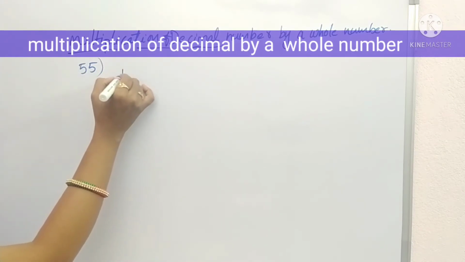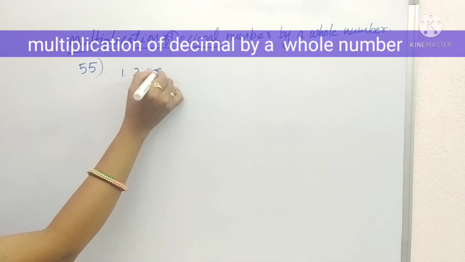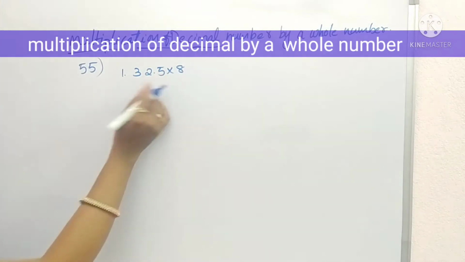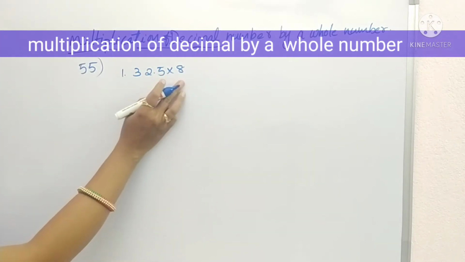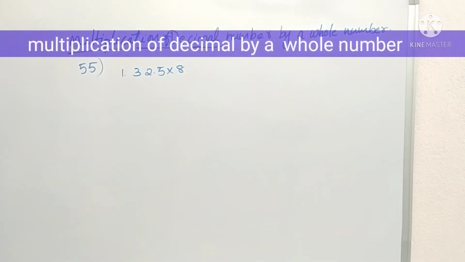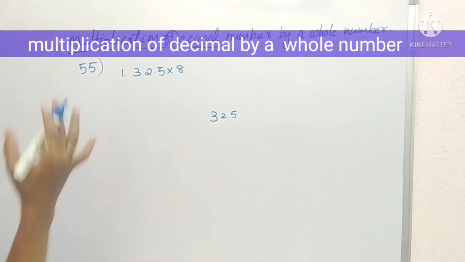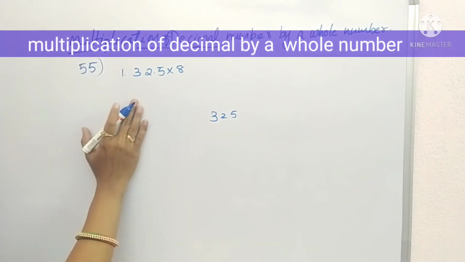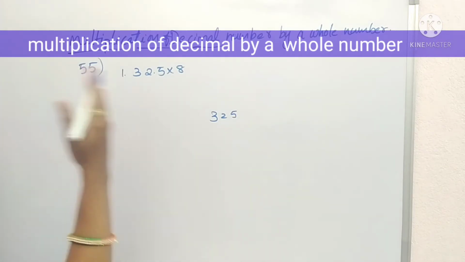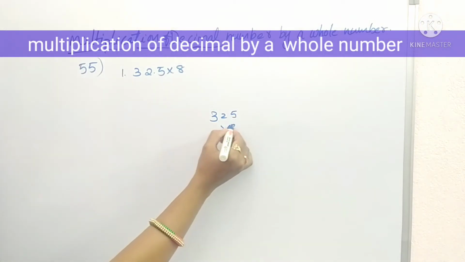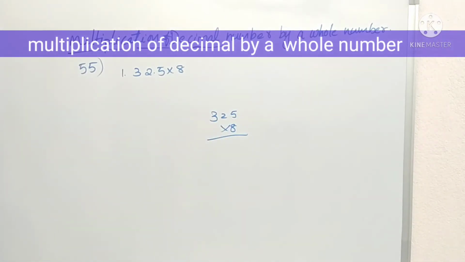This is 32.5 into 8. Here this is a decimal number and it is a whole number. If you want to multiply a decimal number with a whole number, just do normal multiplication. First ignore the decimal point. Just imagine there is no decimal point and do the normal multiplication.